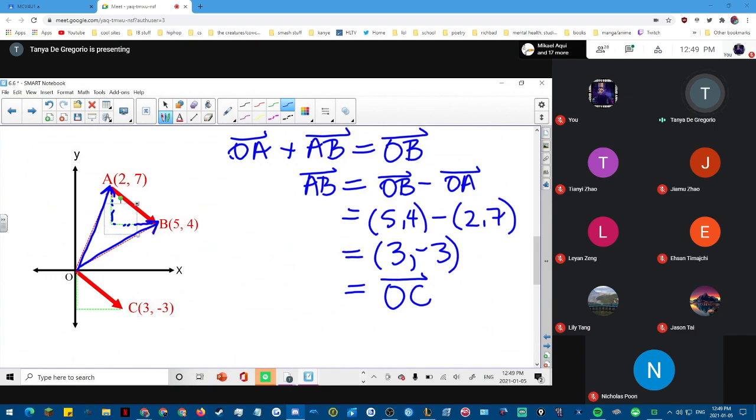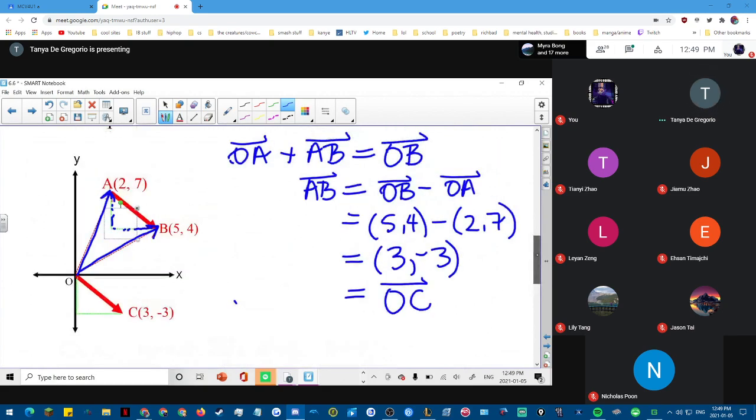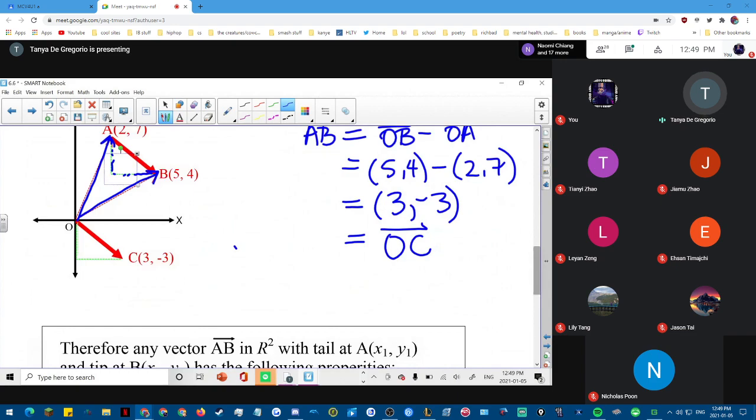So I'm finding rise over run. Do you guys see that? Are there any questions? Okay. And so here we can see we're moving 3 units to the right and 3 units down to get this vector.